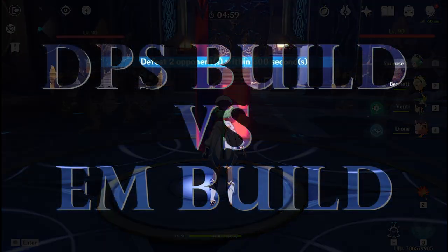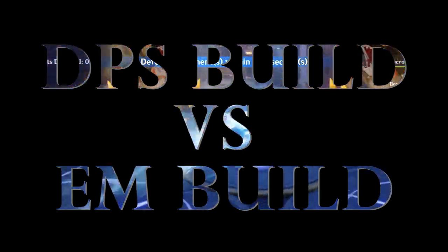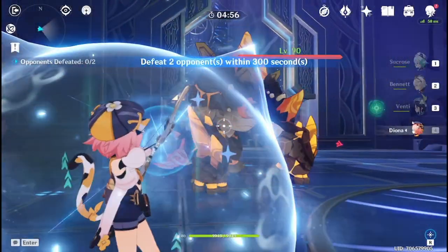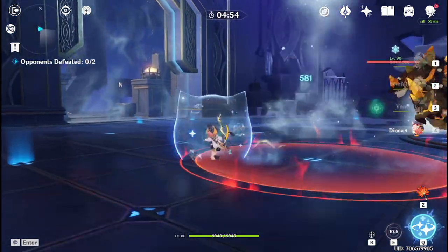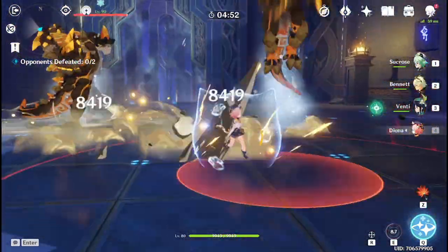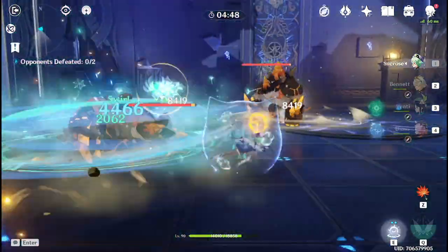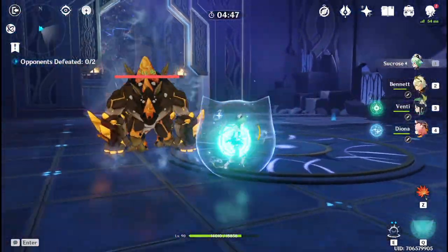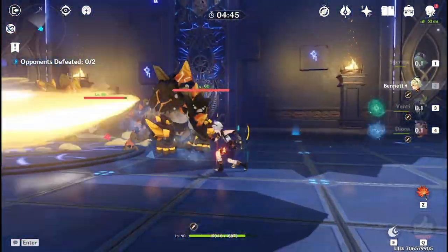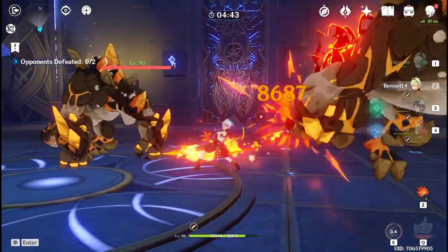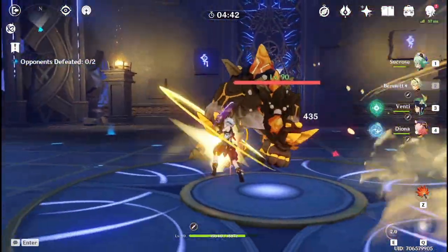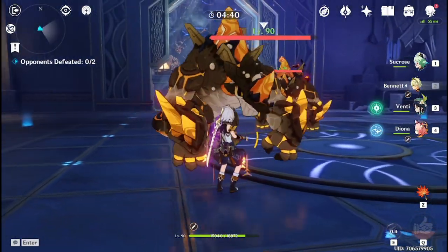The other question you may be asking now: is it better to focus on swirl damage on an Anemo character or have a DPS build with crit rate, crit damage, attack, and the usual DPS stats? Before we answer this question, I need to explain something about swirl. We said at the start of the video that swirl absorbs the element on the target and spreads it in an AoE around the target.